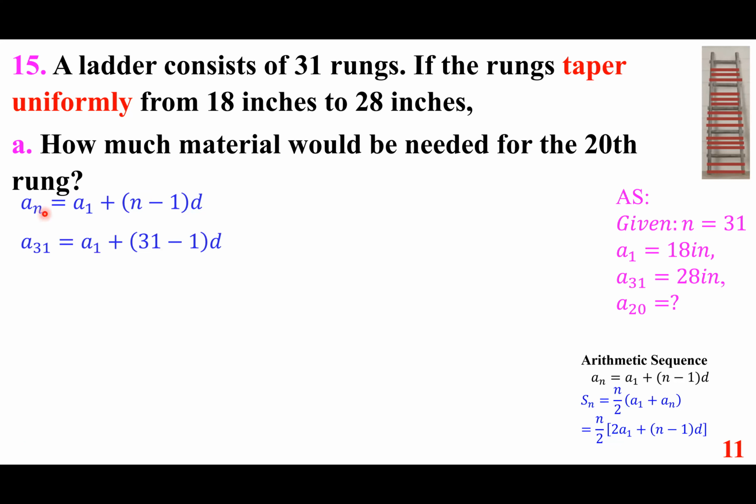In other words, replace the n with 31, replace the a sub 1 with 18, and a sub 31 with 28. So I hope you realize this is 30d, this is 28, this is 18. Subtract the 18, you get 10.